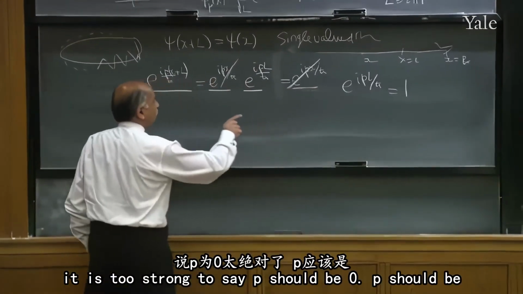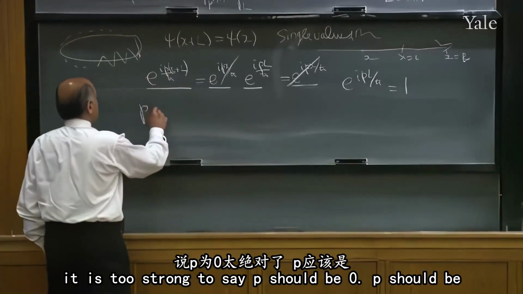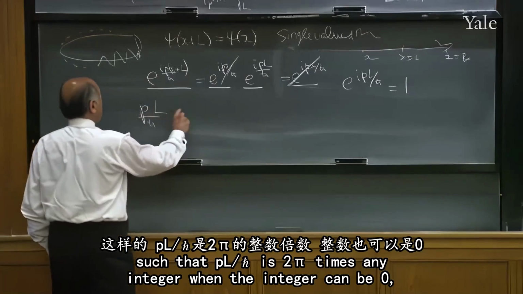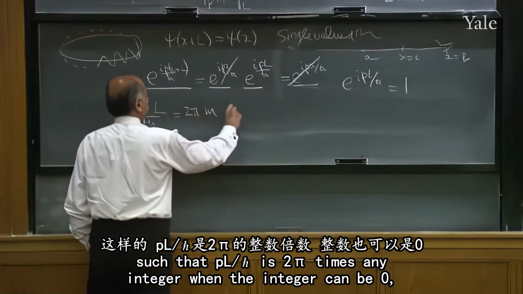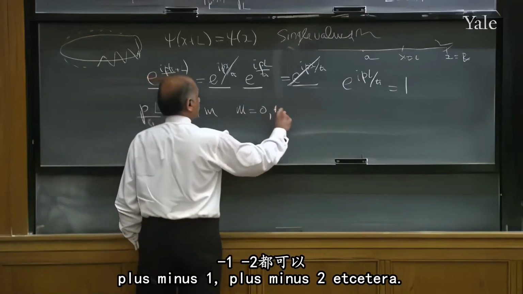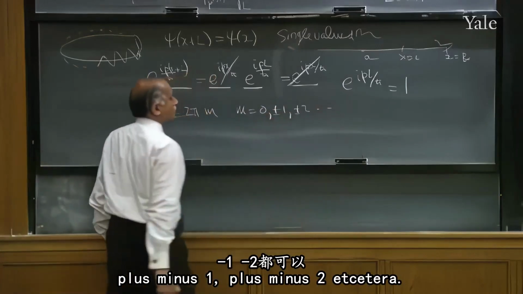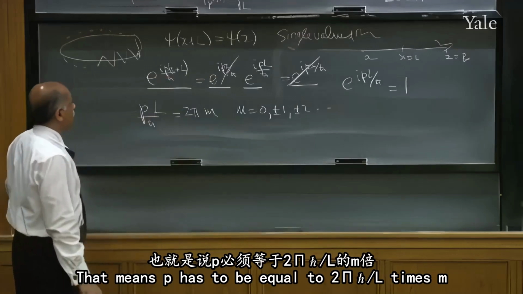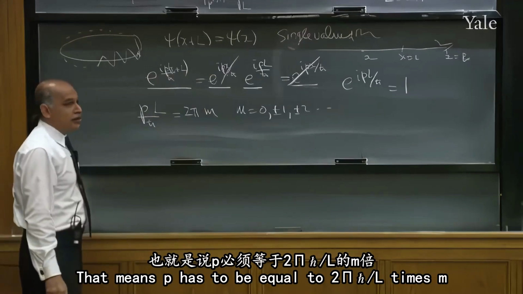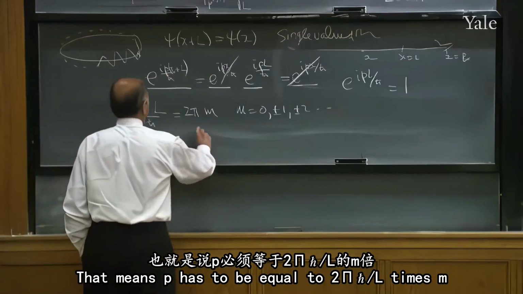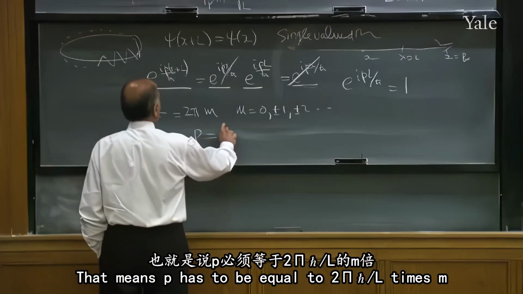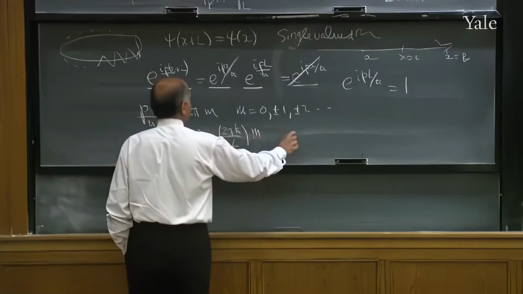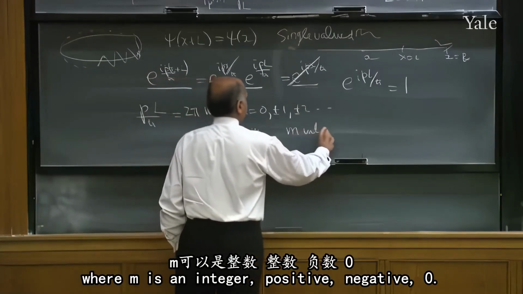Therefore, it is too strong to say p should be 0. p should be such that pL over h bar is 2 pi times any integer, where the integer can be 0, plus minus 1, plus minus 2, etc. That means p has to be equal to 2 pi h bar over L times m, where m is an integer, positive, negative, 0.